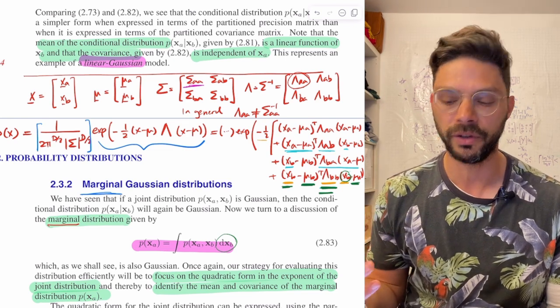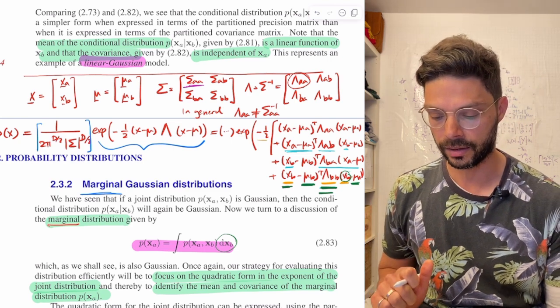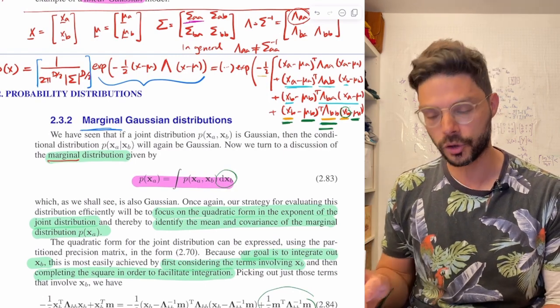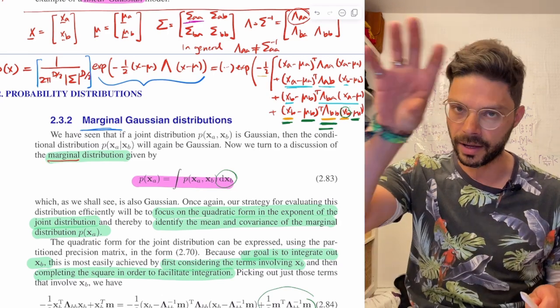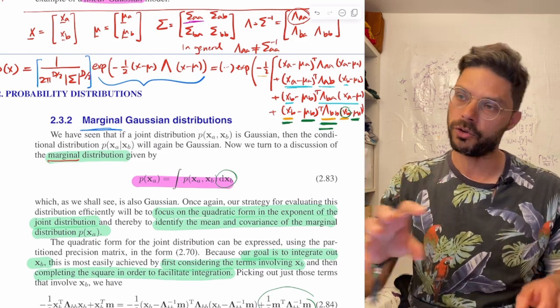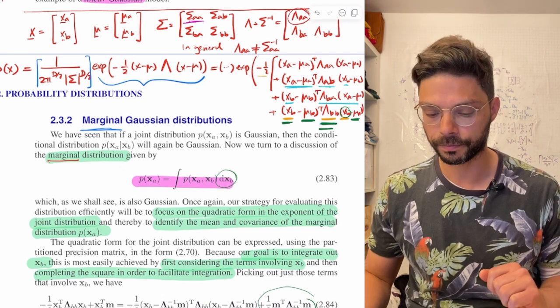It's really just useful to know how to do them and how to avoid actually computing them with techniques like this. And the conceptual point here was that if you're looking at a joint Gaussian distribution, the marginal distribution is just like taking the corresponding mean and the corresponding covariance from the joint distribution, which is kind of intuitive.